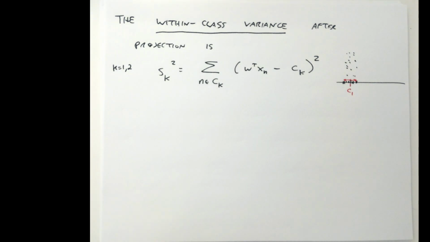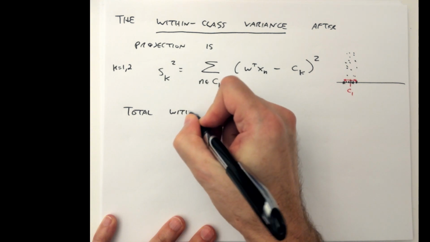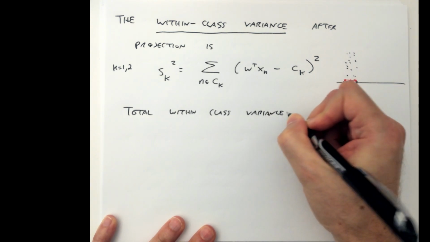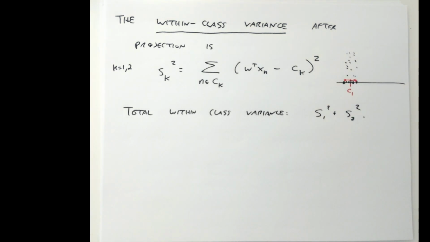So I do this for both of the classes, and then I compute the total within class variance as just the sum of these numbers. So I want these numbers to be small, right? Ideally, I want the projections to be as low variance as possible. It would be great to have just spikes with very little deviation from the mean. That would be the best case scenario, right?